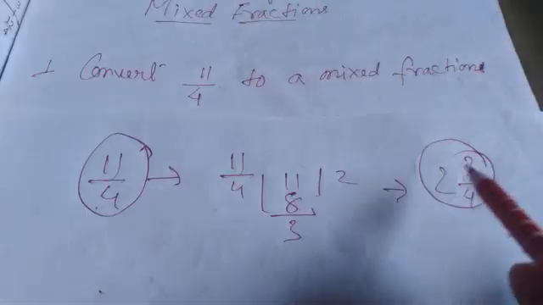Okay, these two we will plot on a number line. Since it is an improper fraction, 11 by 4 we will plot downward, and since it is a mixed fraction, we'll put it on the upward side.